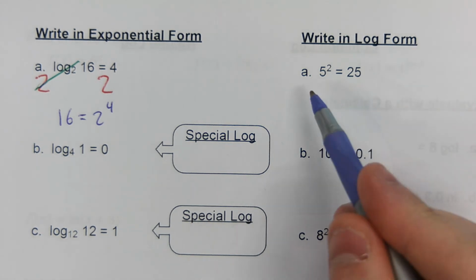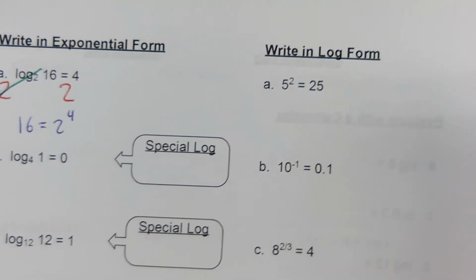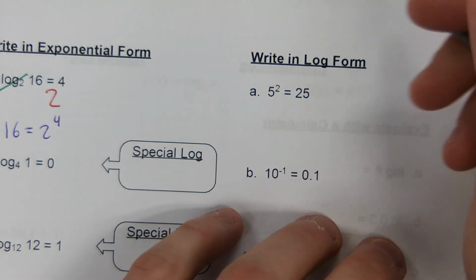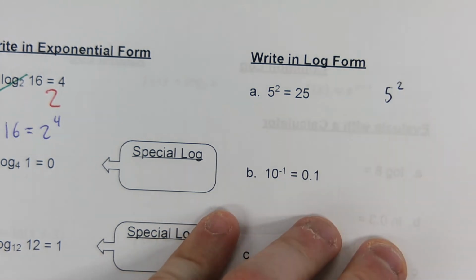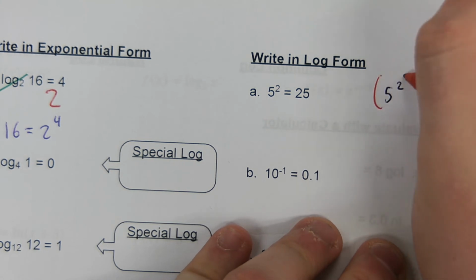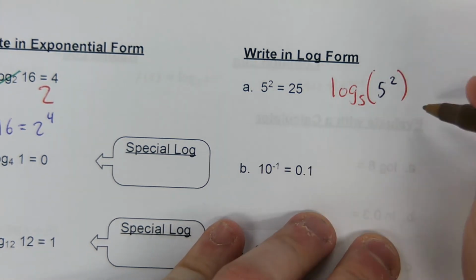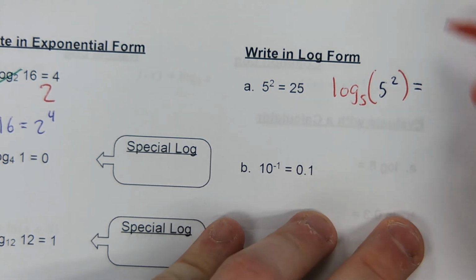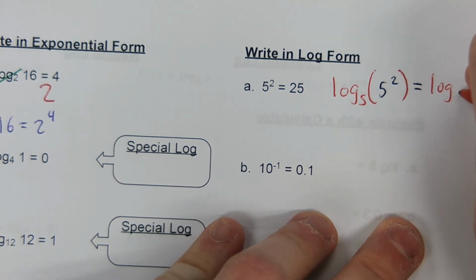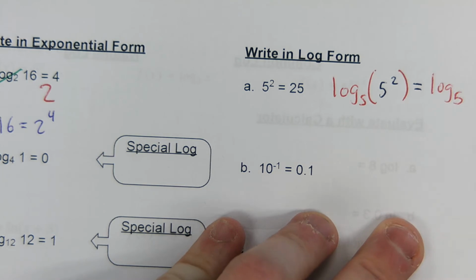Now, I don't have the space to write it here like I did that, so I'm going to write it off to the side. You told me to take my 5 to the 2 and take the log base 5 of that. The other side was a 25, and you told me to take the log base 5 of that as well. You told me to do something to both sides of the equation.